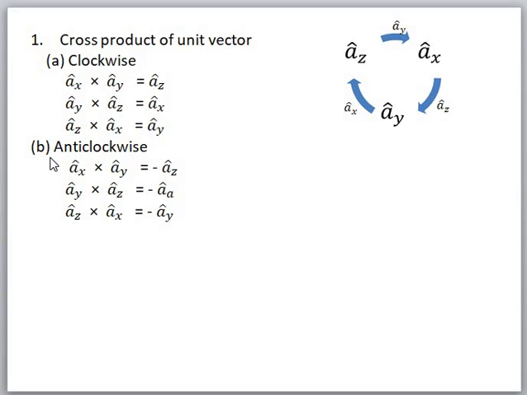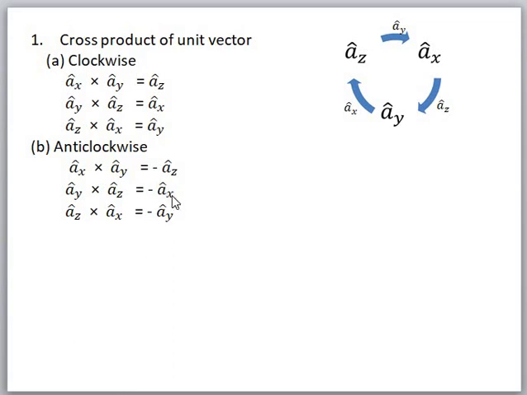Now let's see the next method, the anti-clockwise cross product of unit vectors. If ax cap cross ay cap, we will get the answer minus az cap. If ay cap cross az cap, then we will get the answer minus ax cap.